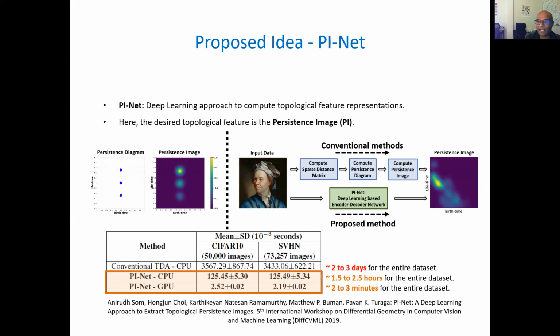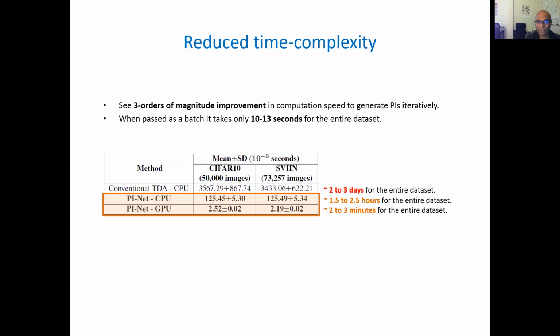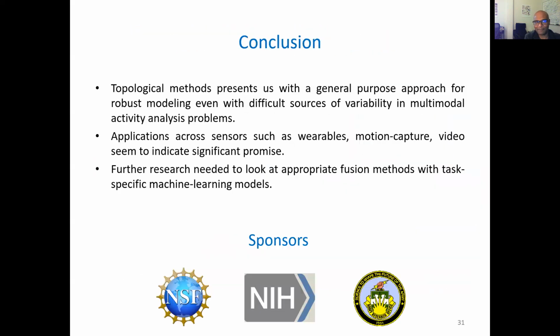We have been finding good success in doing that, but I would like to hold off making a conclusive statement on how we want to use it. And there are lots of applications to other time series data as well, but I'd like to conclude my talk at this point in the interest of time.